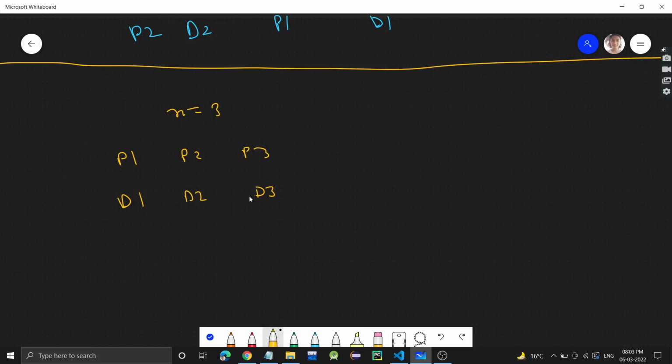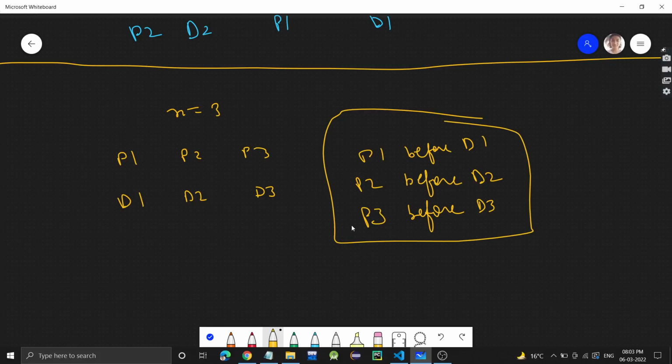So these 6 things we need to arrange. Fine. Such that P1 should always come before D1, P2 should always come before D2 and P3 should always come before D3, right? This should be the cases.